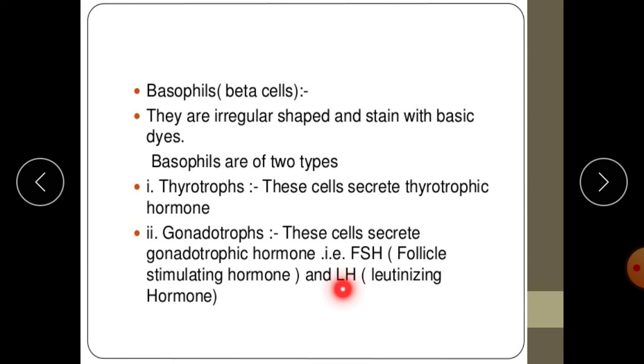Number two, it stimulates the corpus luteum for the secretion of progesterone hormone. FSH stimulates the production of estrogen in females, but in males FSH helps in production of sperms and LH helps in production of androgens.